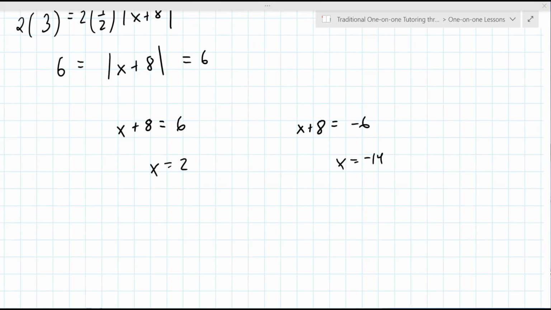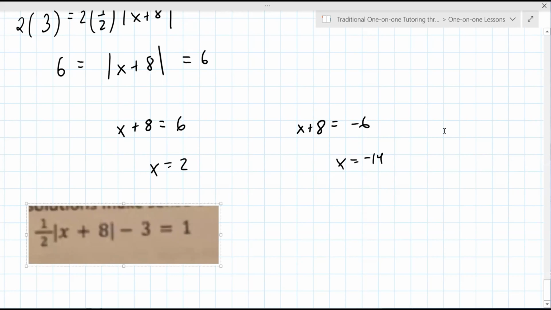Okay, so before we do any more questions on your domain and range, I want you to really quickly do another question that's on here because it's really similar. I want you on your own to try this problem.